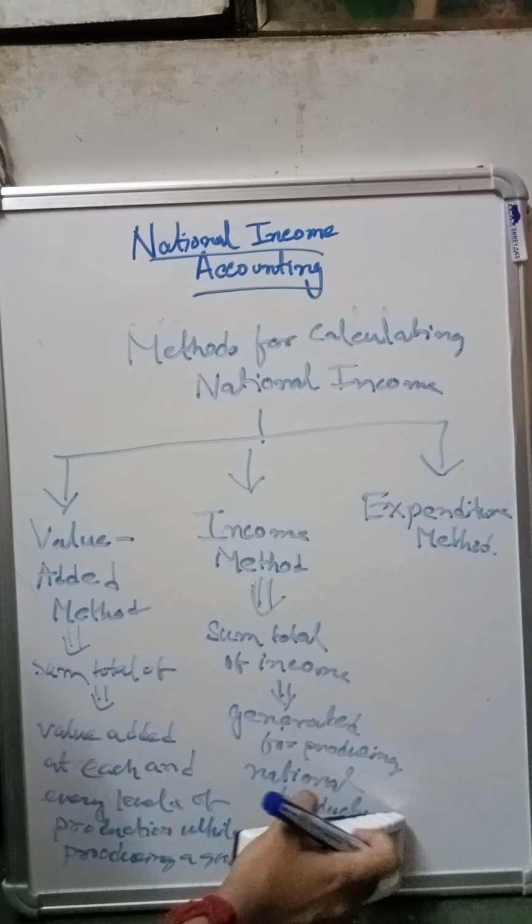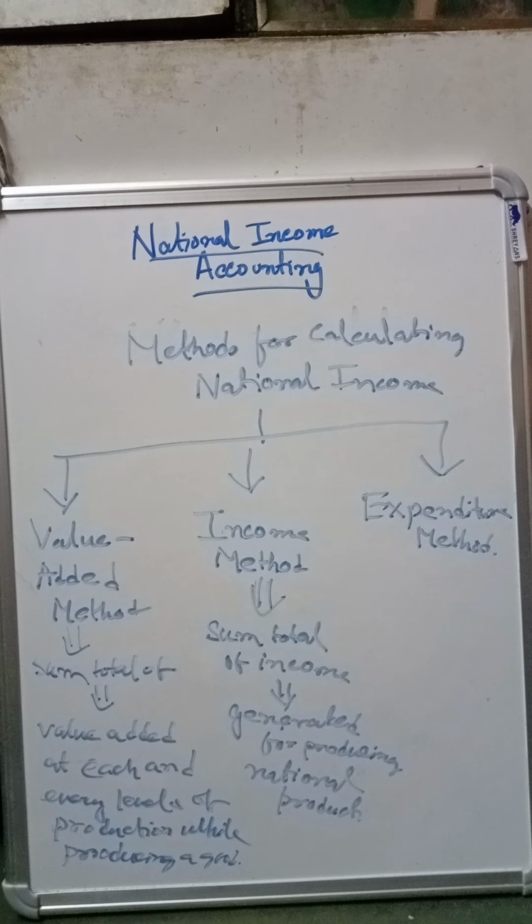So it is the sum total of income that is generated for producing different goods and services, or different products we can say.